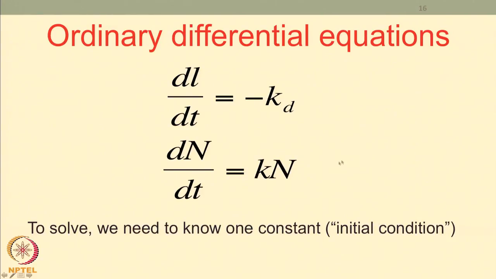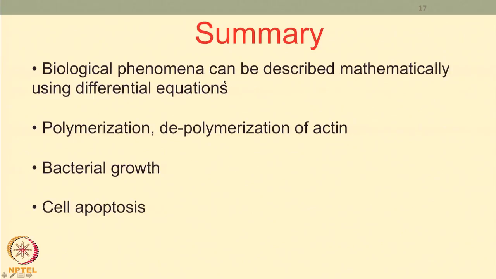Similar examples apply for DNA replication and many examples in biology. So to summarize, biological phenomena can be described mathematically using differential equations. Polymerization and depolymerization of actin, something we learned. Bacterial growth, cell death, DNA replication.